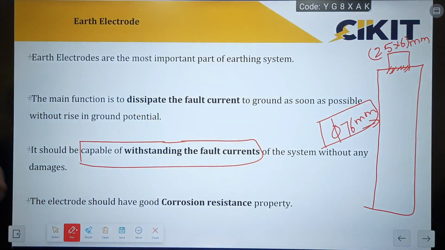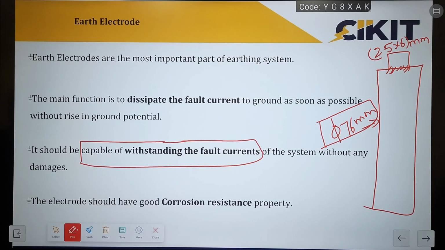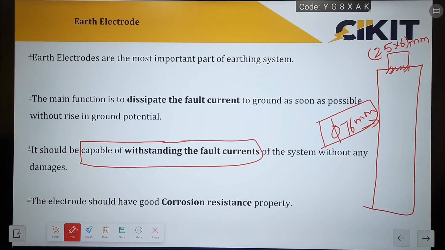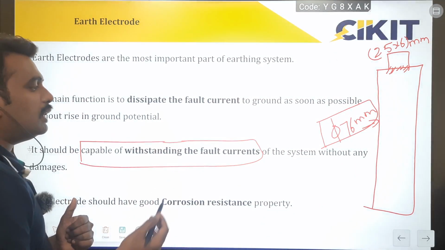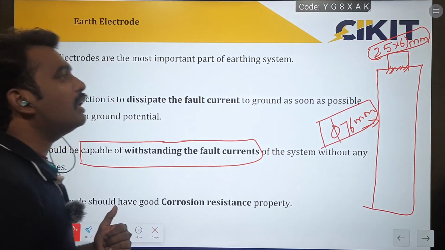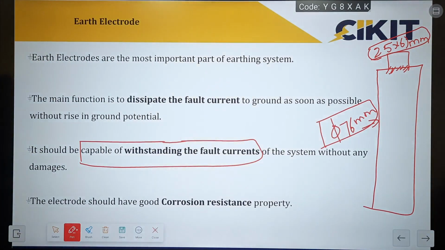It will melt and the connection to this earth electrode will be damaged. So in that application, even if the fault current reaches this earth electrode, at this terminal itself the conductor to this pipe will be broken and the dissipation will be stopped. So while selecting the earth electrode, I should select the proper material so that even the terminal can withstand the fault current of the electrical system. The fault current withstanding capacity plays a crucial role.